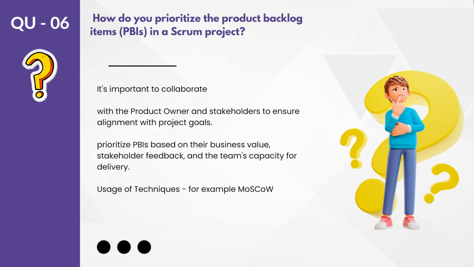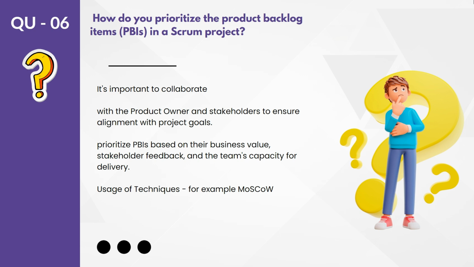First, it's important to collaborate with the product owner and stakeholders to ensure alignment with project goals, because they decide the project goal and have the authority to decide which item to prioritize first and which later. But as a Scrum Master, what is your input is how the prioritization will be done.